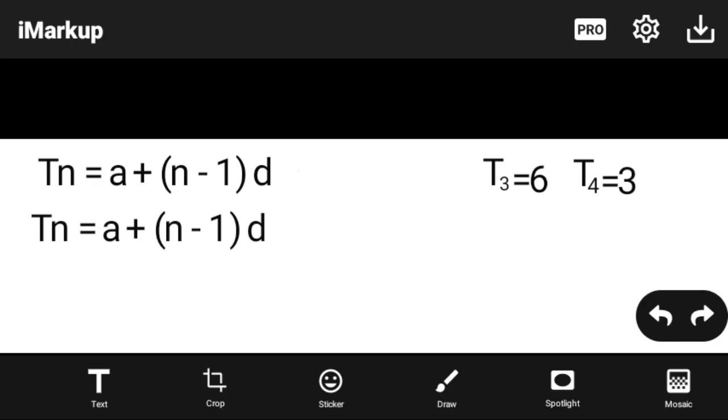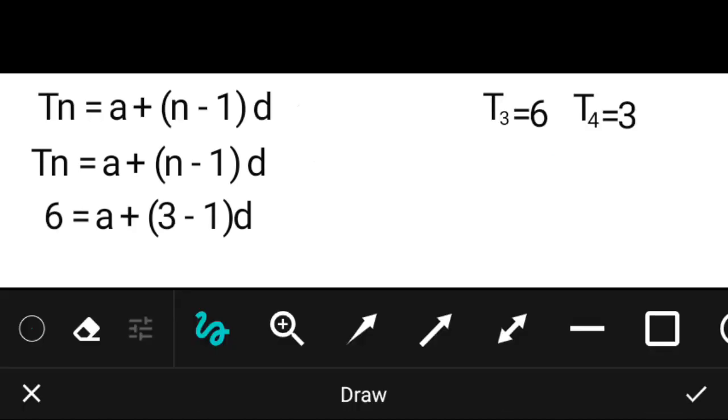So on top there, we're going to put 6, then equals a plus, where you have that n in the brackets, you put the number of terms, that number which they've mentioned in the statement, the third or the fourth or the fifth, any term that they've mentioned.